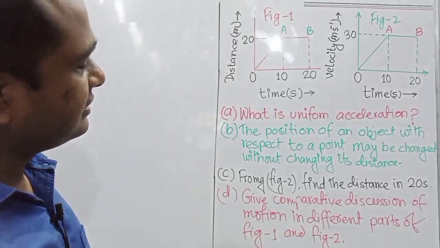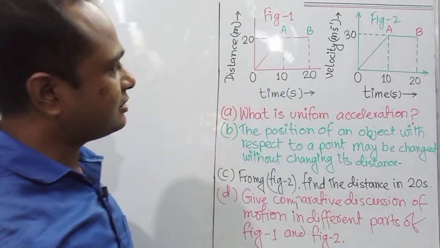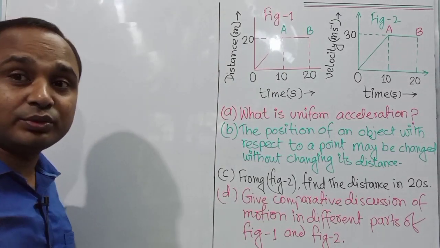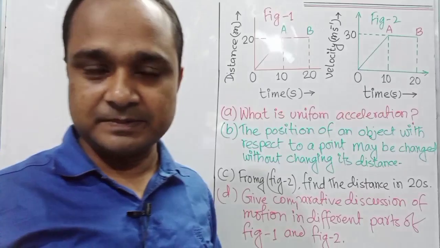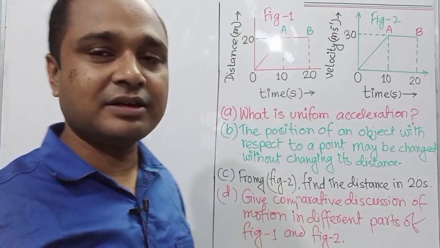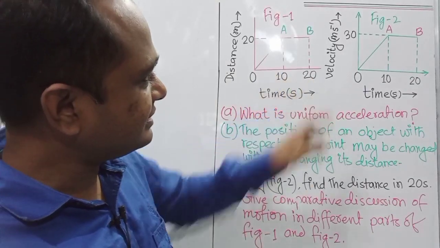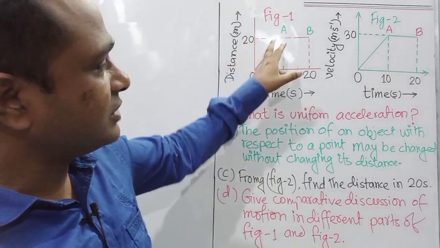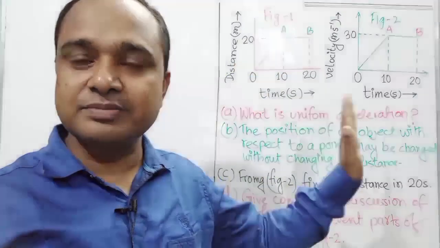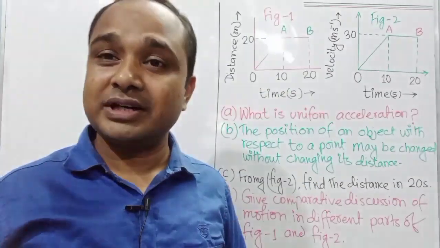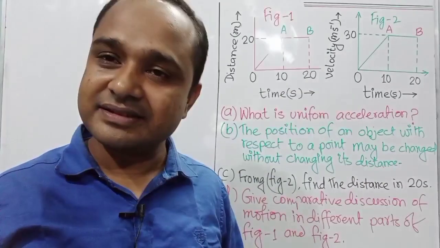Since the nature of the graph is a straight line, the body is moving with a uniform velocity. For the second 10 seconds, the distance of the body is not changing with respect to time, so we can say that the velocity of the body was 0.